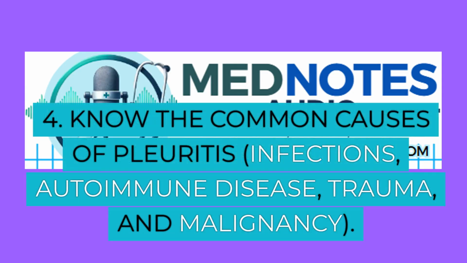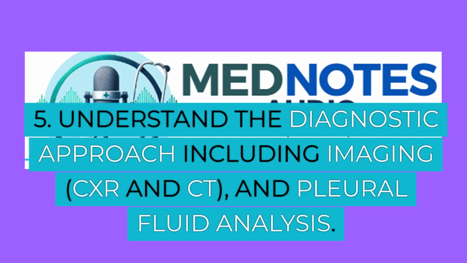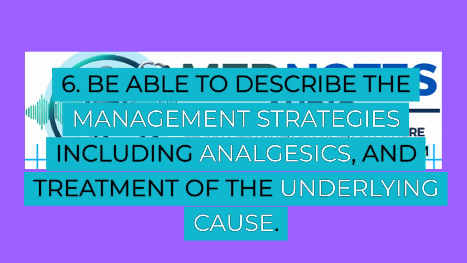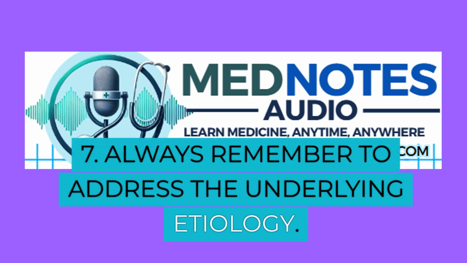Know the common causes of pleuritis: infections, autoimmune disease, trauma, and malignancy. 5. Understand the diagnostic approach, including imaging, CXR and CT, and pleural fluid analysis. 6. Be able to describe the management strategies, including analgesics and treatment of the underlying cause. 7. Always remember to address the underlying etiology.